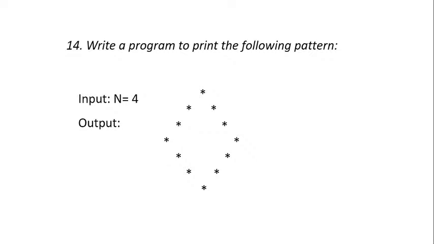Try this program, guys. The same diamond program, but it has to be empty inside. So how will you do this? Something similar to printing an empty square. Call by reference, call by pointer is the same.